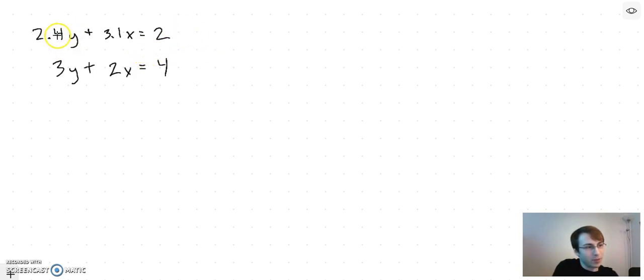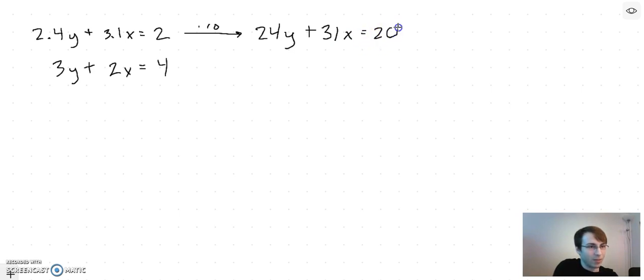But if we multiply the first equation by 10, then we get 24y. If we multiply the second equation by 8, then we also get a 24y, and then we can subtract. So times 10 here, we get 24y plus 31x equals 20.